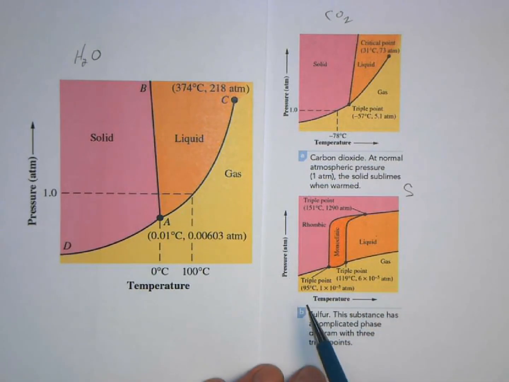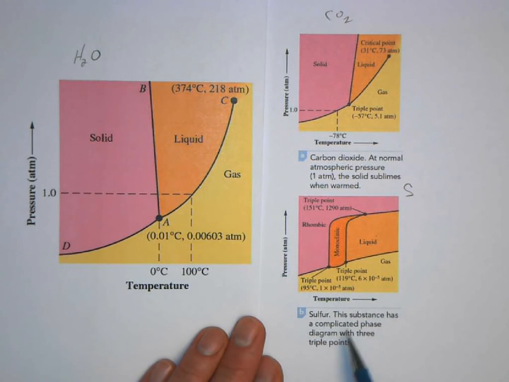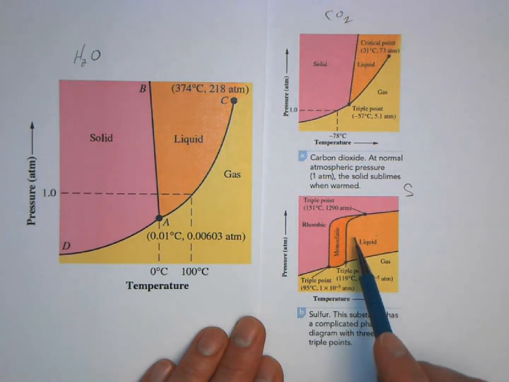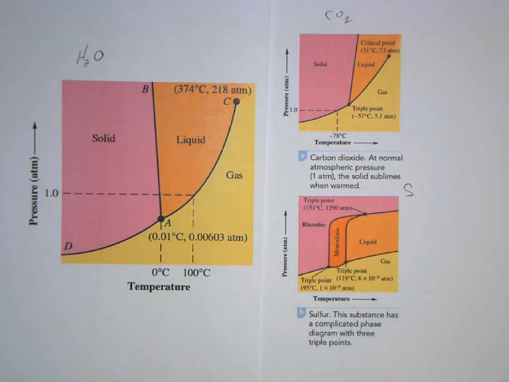Many substances do have rather complicated phase diagrams, where in this case, this substance has two different types of solid crystal structures that it can exist in under various pressures and temperatures. And this is the case for many substances.